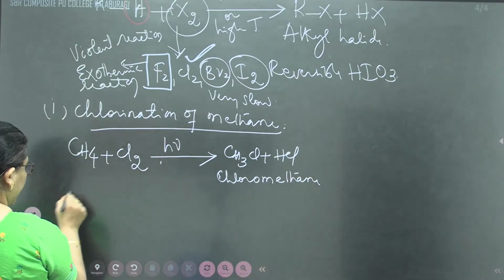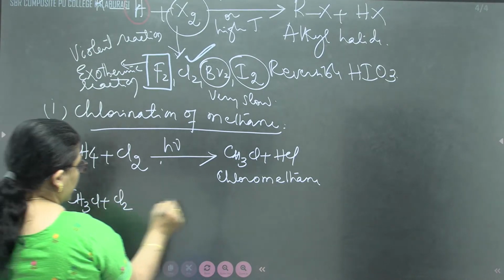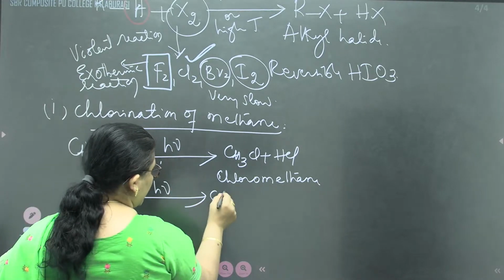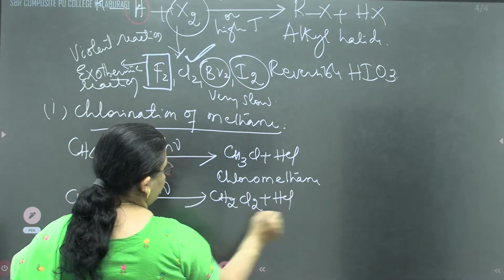This chloromethane, on further chlorination under the same conditions, has one more hydrogen atom replaced by chlorine, plus HCl.